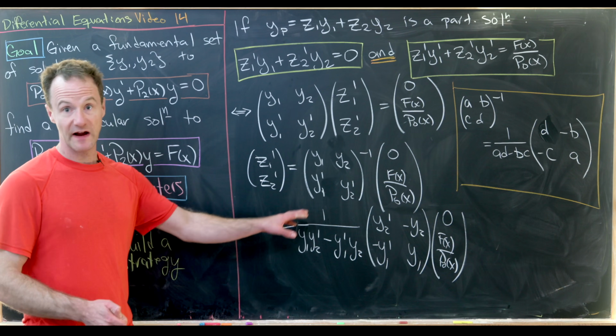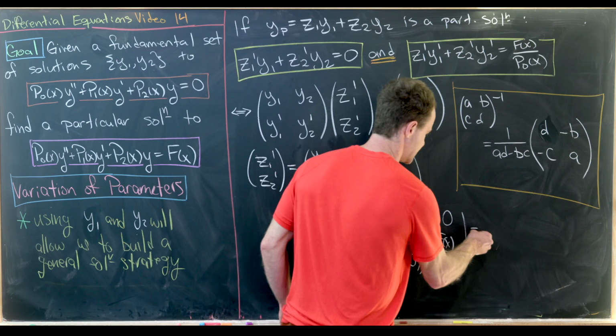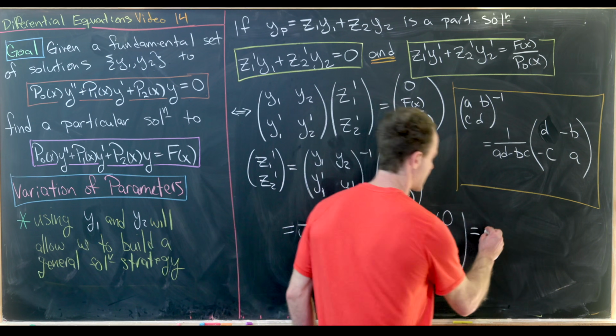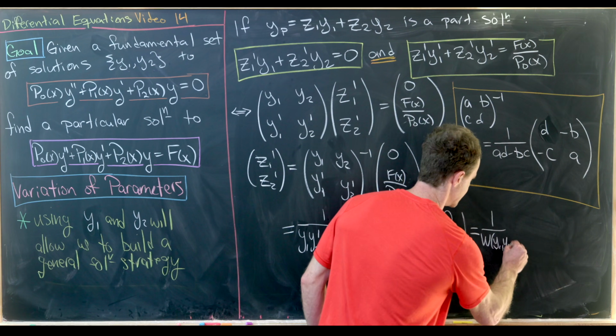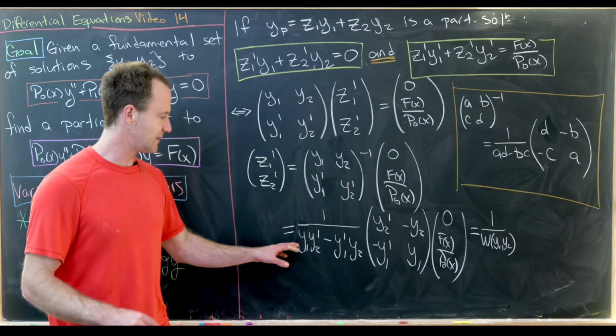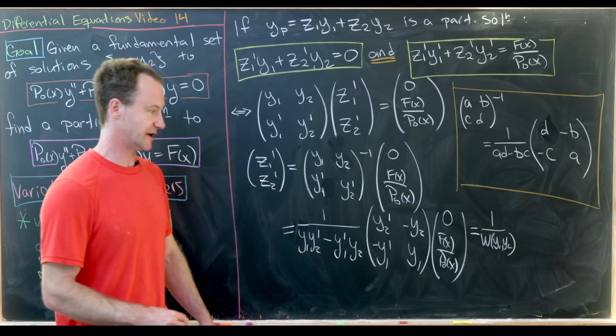Nice. And then finally we can perform matrix vector arithmetic here. So we can take this determinant out. I'll write this as 1 over the Wronskian of y1, y2, just to keep it shorter, keeping in mind that the Wronskian is this determinant.